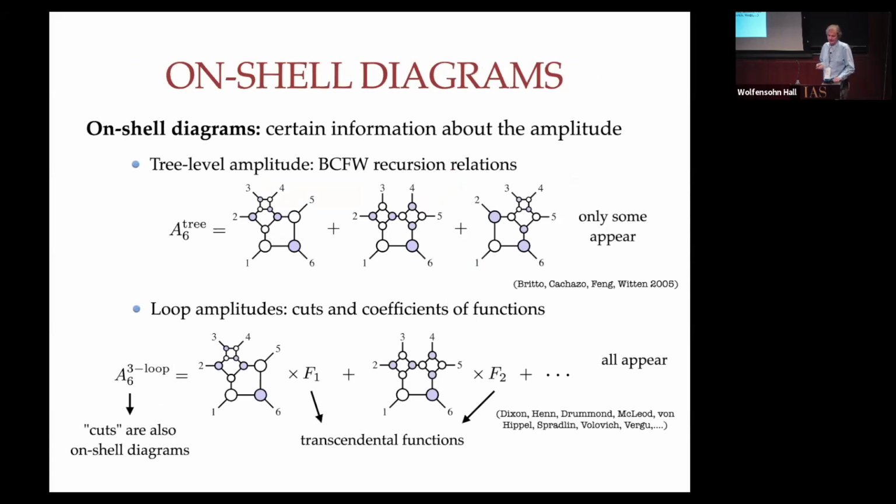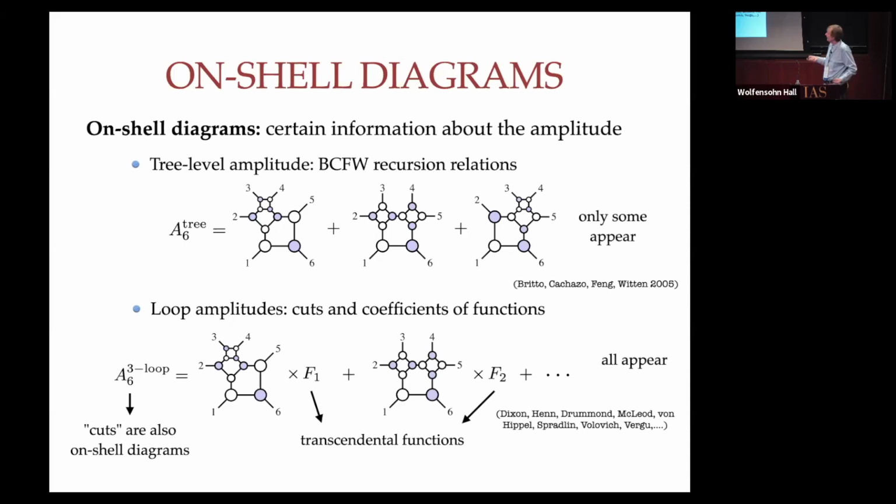Now, these on-shell diagrams provide certain information about the amplitude. At tree level, we have a recursion procedure, how to build the amplitude from these diagrams, called BCFW, also mentioned in other talks already. But only some of these special on-shell diagrams appear here. We don't really exploit the whole set of on-shell diagrams. They are a special subset.